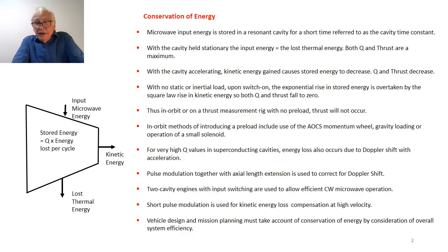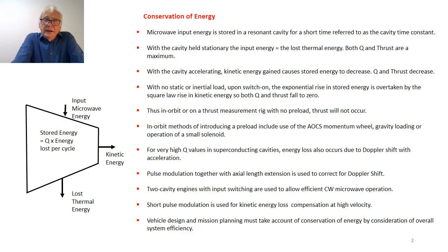So the preload can be applied in orbit by using the AOCS momentum wheel. You can use it by gravity loading, or indeed you can operate a very small solenoid for a tiny amount of time to produce sufficient preload during this rise of stored energy in the cavity itself.